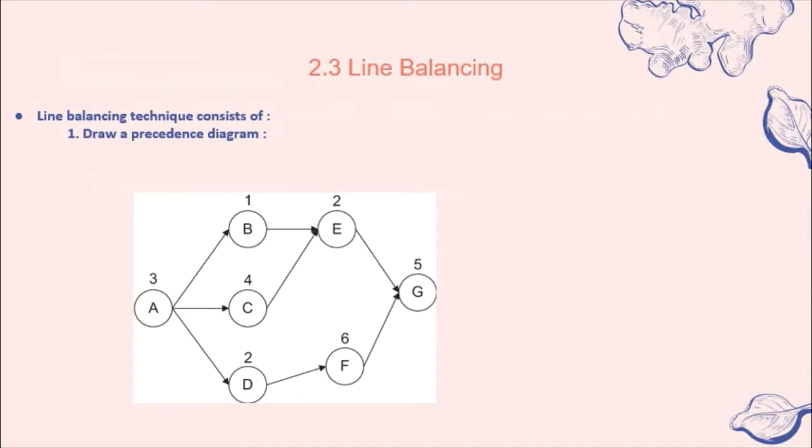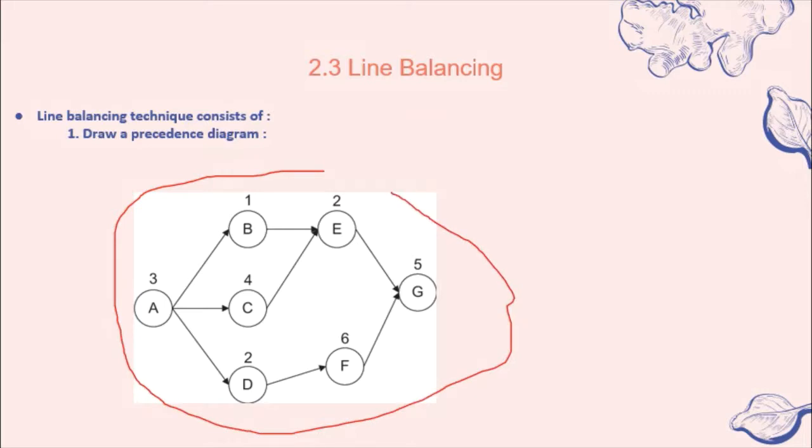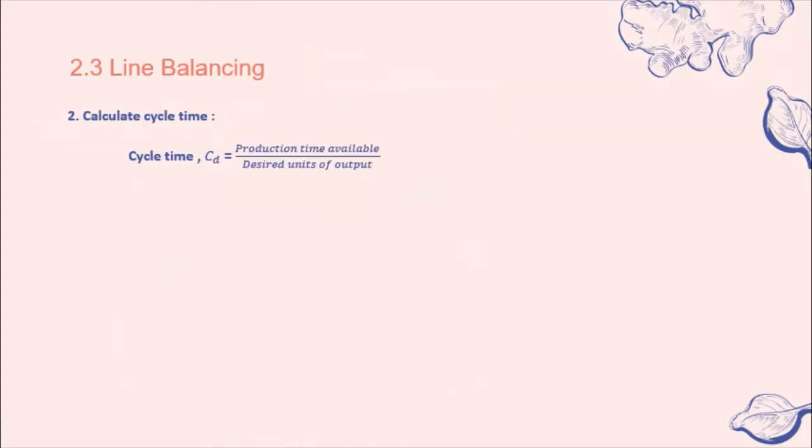To perform line balancing analysis, we have to draw a precedence diagram. So this is the precedence diagram. Next, we have to calculate the cycle time.